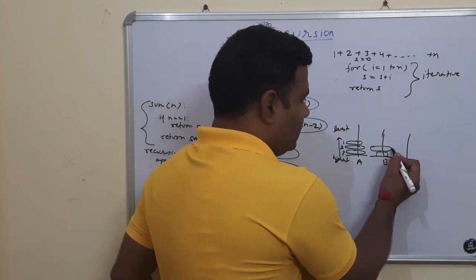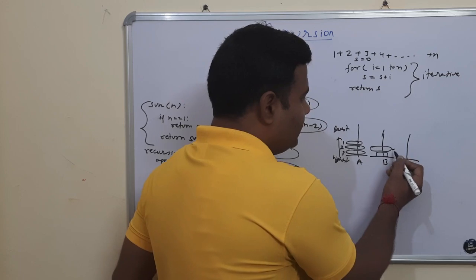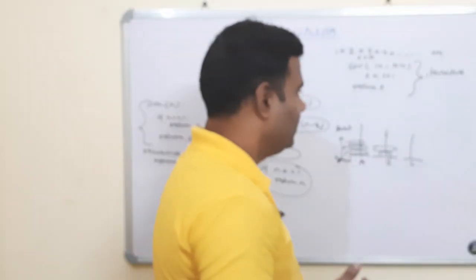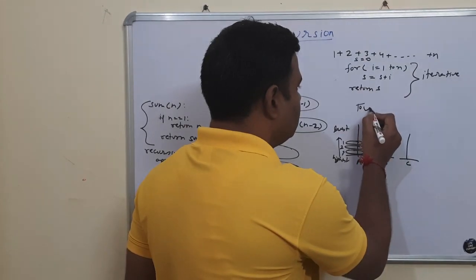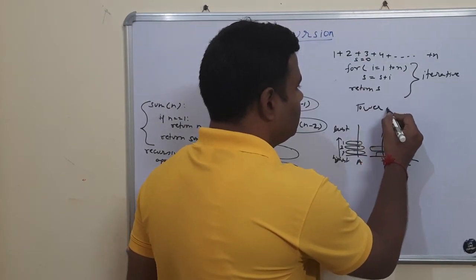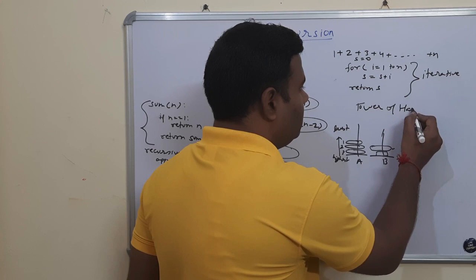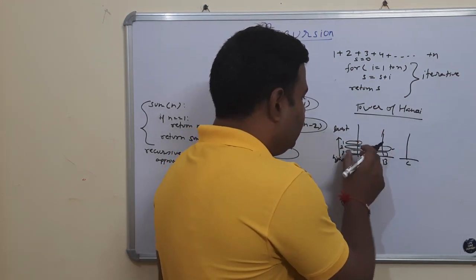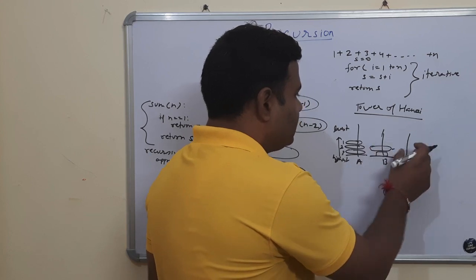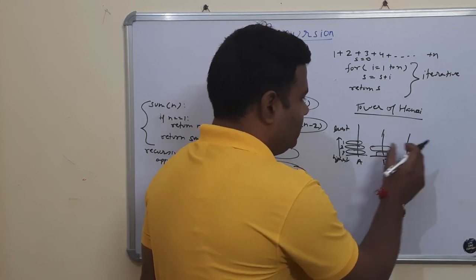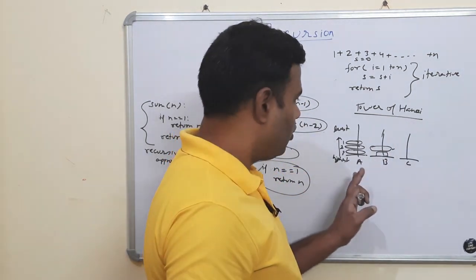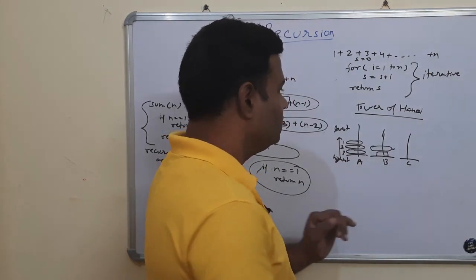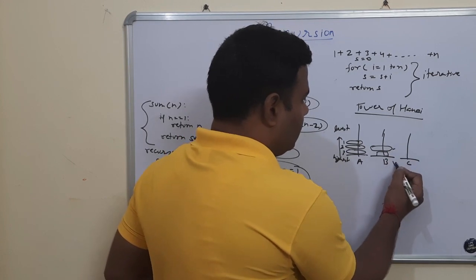Because this higher radius disk is kept on top of the smaller radius disk, and this problem is called Tower of Hanoi. You can Google search it. It's a very famous problem. So the idea is, you put the first 2 disks here and then put the third one here and then the second one and then the first one on this, to transfer all the disks from A to C. But this is not possible, because it is breaking that condition.